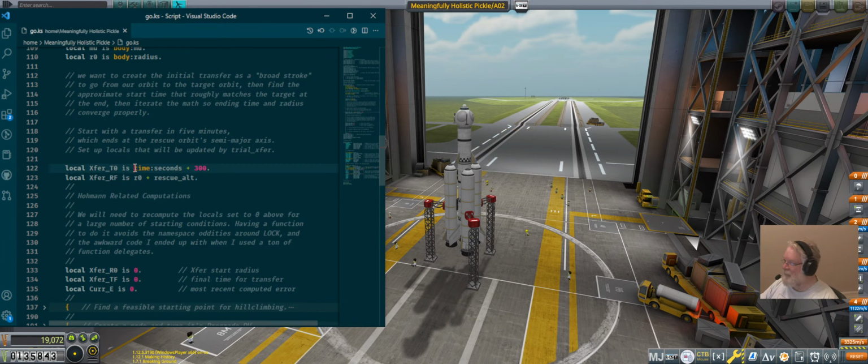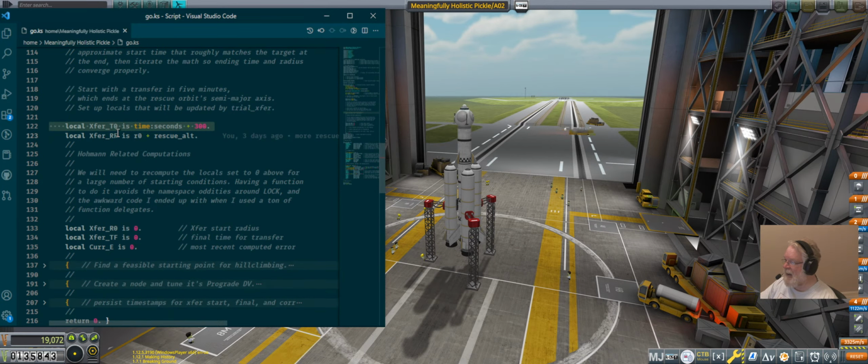So how do we define this? Well, our first independent variable is when do we start? And it turns out that we need to pre-calculate what our final radius is going to be before we can actually build the orbit. We need to guess at what our final radius is going to be.